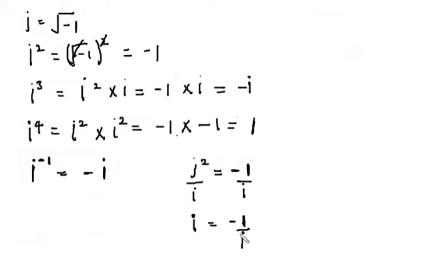If you divide both sides by negative 1, this should be equal to negative i equals 1 over i. So negative i can also be seen as the inverse of i. The logic is that i to the power of minus 1 is equal to minus i.